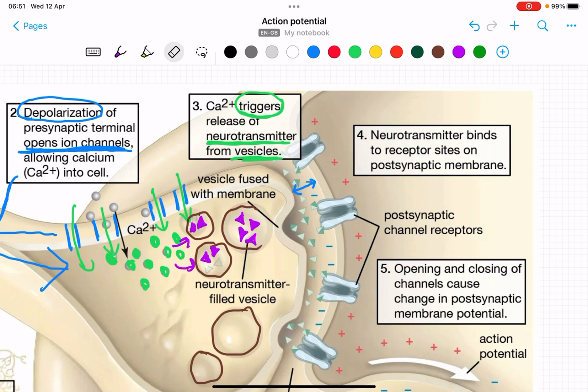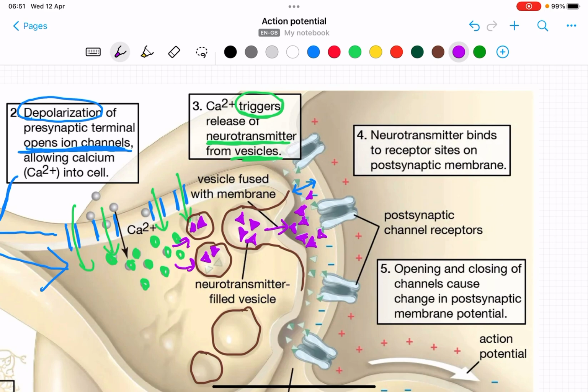Look carefully, it's going to fuse with the presynaptic membrane and release the neurotransmitter into the synaptic cleft. This is the cleft that I've mentioned earlier. Cleft is the gap between the presynaptic membrane and postsynaptic membrane.